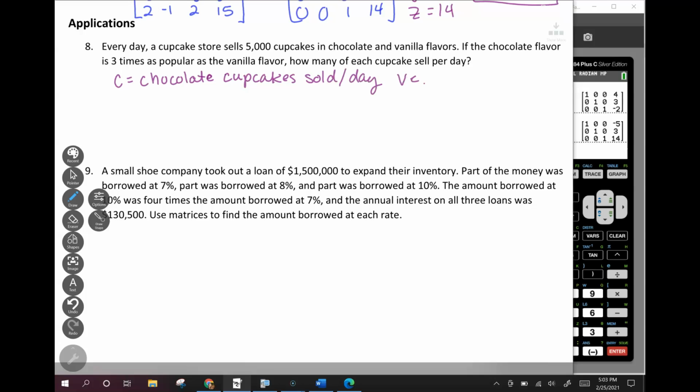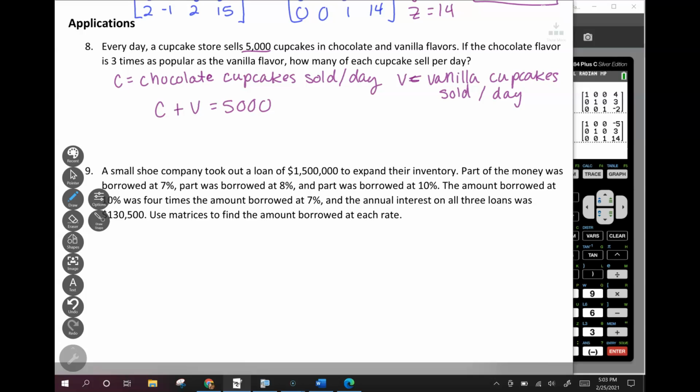And then V equals vanilla cupcakes sold per day. All right, so my first equation, they sell 5,000 cupcakes total, so that's going to be chocolate plus vanilla equals 5,000. A lot of cupcakes.